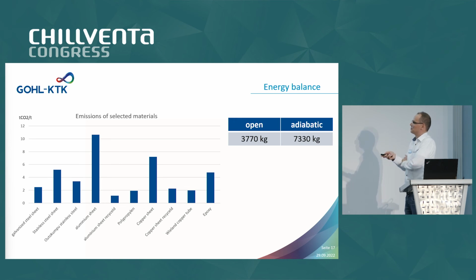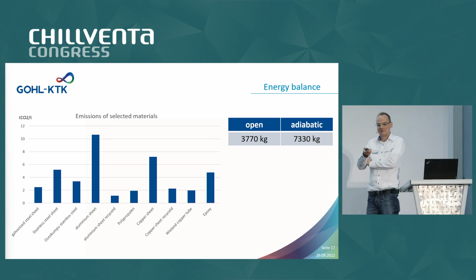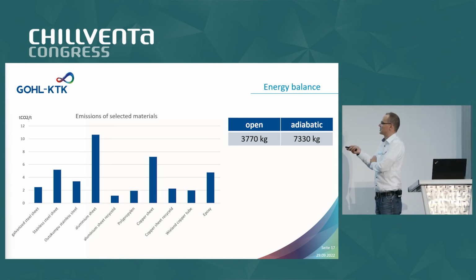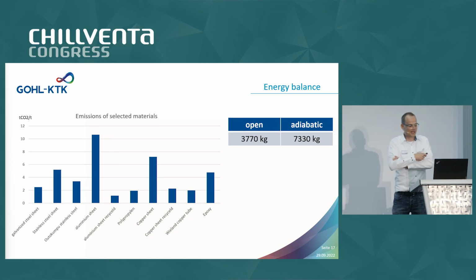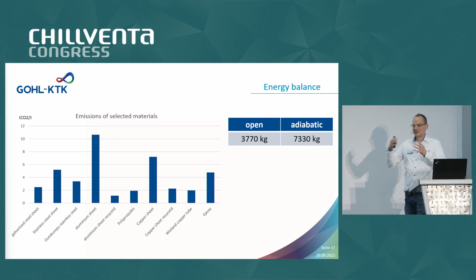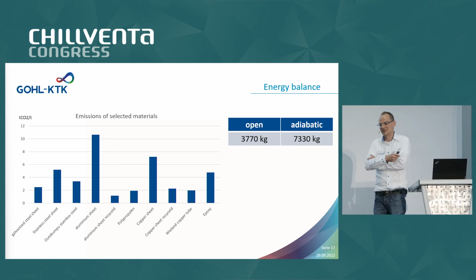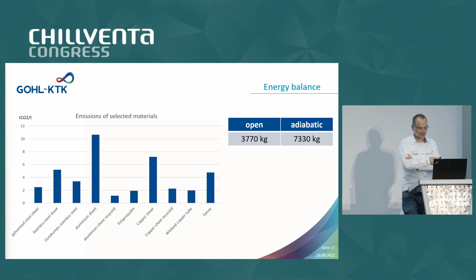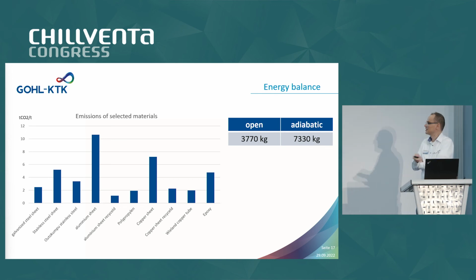You see here, for example, the carbon footprint of galvanized steel is half of stainless steel. But if you look in the environmental declaration of some manufacturers, it may be that the carbon footprint is even lower. And this makes the calculation of the carbon footprint of a recooling system really, really difficult.